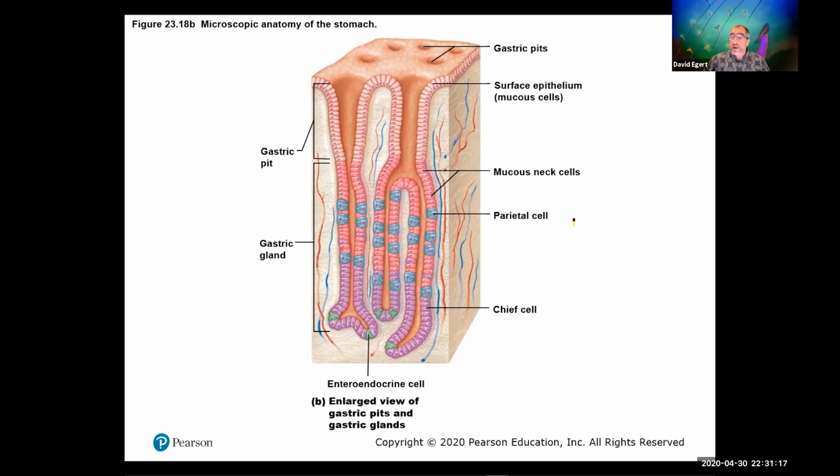You should know what those sections of the stomach are, but not histologically. So don't worry about recognizing what part of the stomach you're in. If you saw this, you would know you're in the stomach because it's got pits going down into glands, but don't worry about if you're in the fundus or the pylorus or the body or whatever.